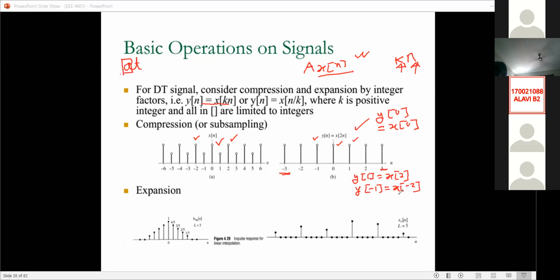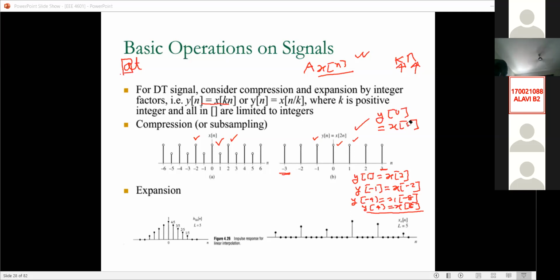If we want to calculate y[-4], it will be equal to x[-8]. We do not have any signal in this region. Similarly, y[4] would be equal to x[8]. We do not have any x[8]. Is that clear? So can you tell me what is effectively happening there?